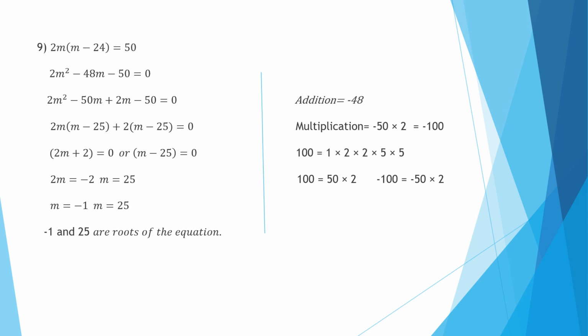So 2m into m is 2m square and 2m into minus 24 is minus 48m. And we write this 50 on this side, it becomes minus. So the equation becomes 2m square minus 48m minus 50 is equal to 0.